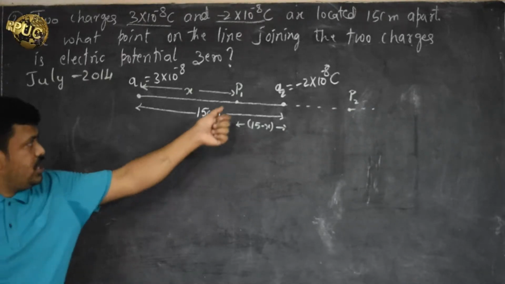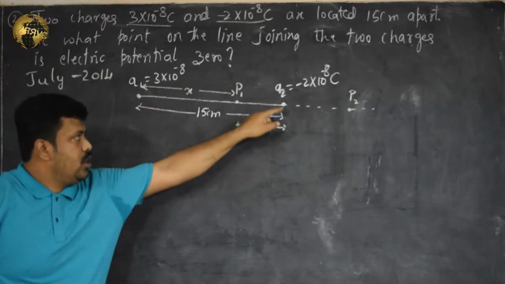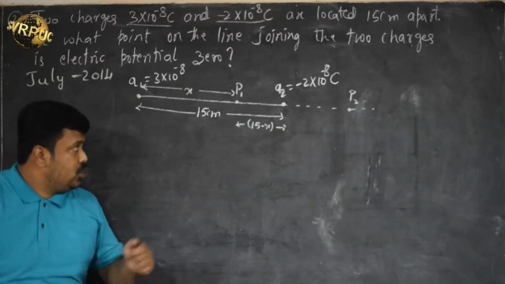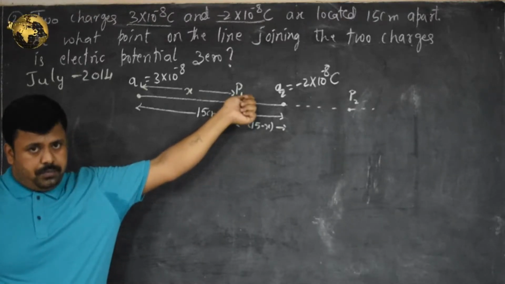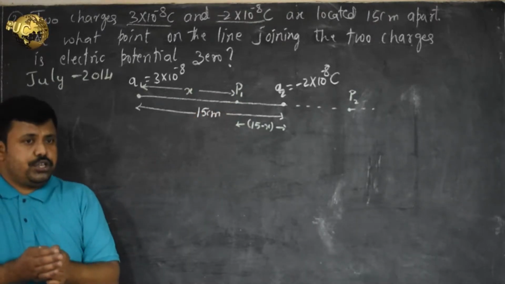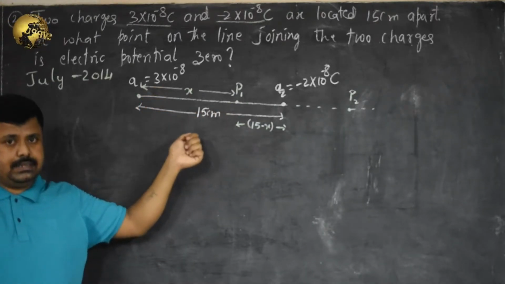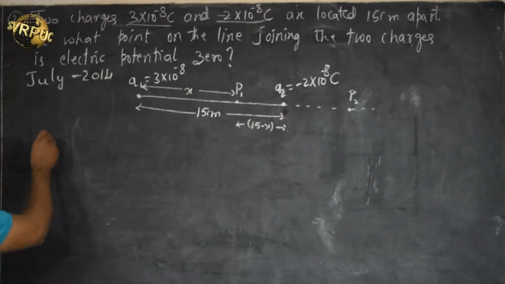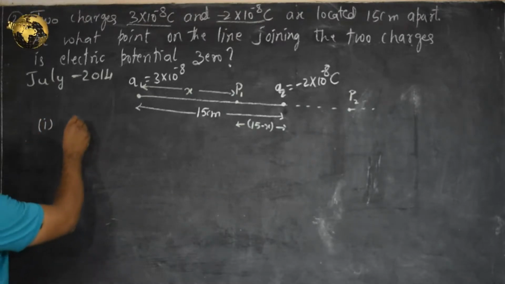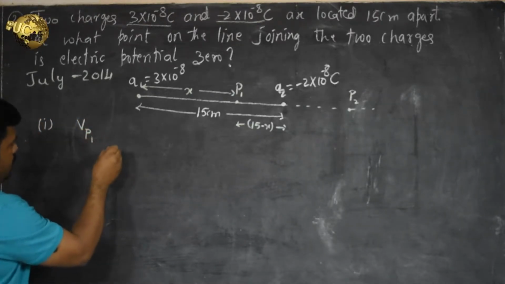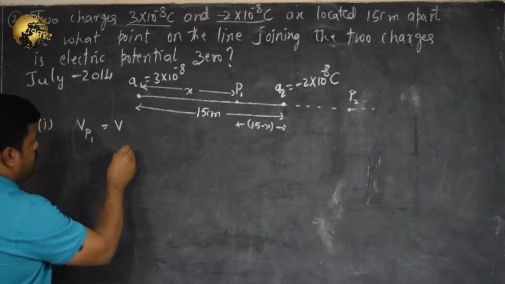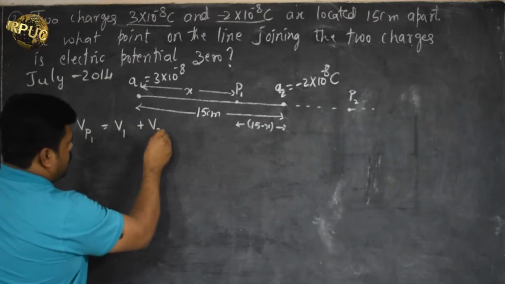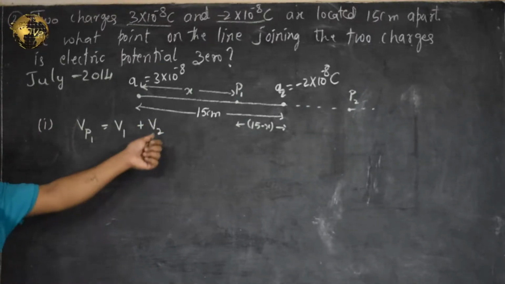The electric potential at point P1 will be due to charges Q1 and Q2. We know that it obeys the superposition principle. That is, the total electric potential at point P1 is the electric potential due to Q1 plus the electric potential due to Q2. So for the first case, potential at point P1 is equal to potential due to charge Q1, I call it V1, plus potential due to charge Q2, that is V2.